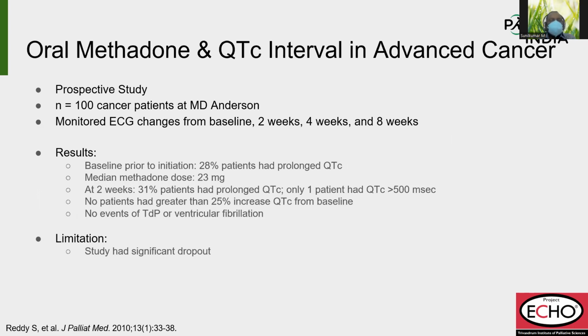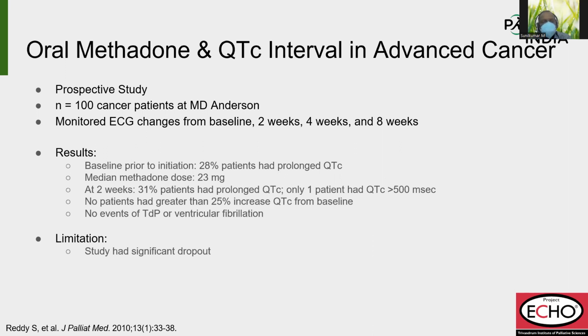But here is a study done at MD Anderson Cancer Center, and they did a prospective study in 100 cancer patients whom they started on methadone, and they looked at the ECG of all these patients when they started methadone, then after 2 weeks, then 4 weeks, and 8 weeks.